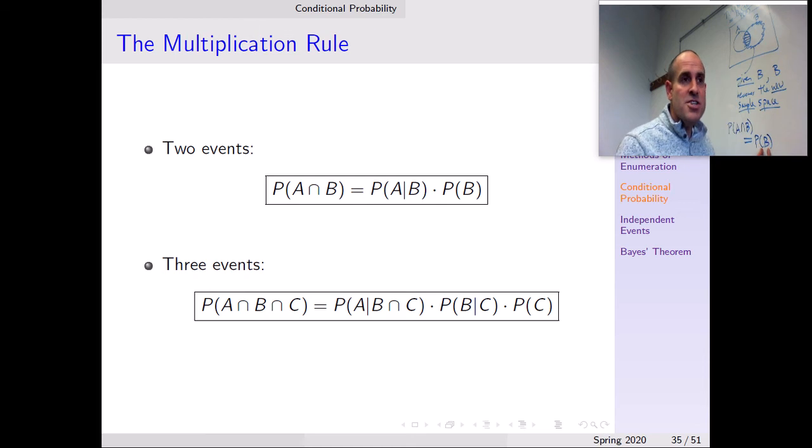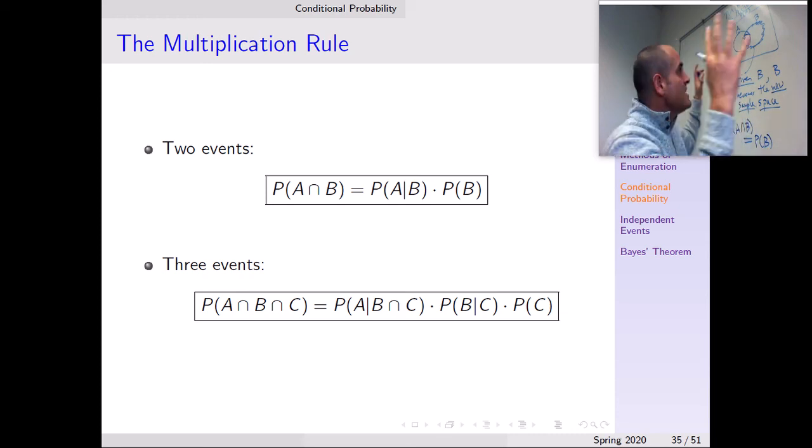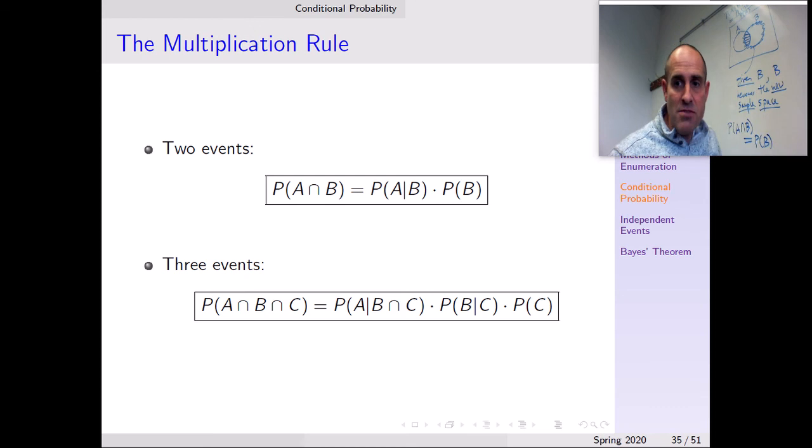And as such, we no longer think of the entire sample space as being possible. B has already happened. Therefore, we are now zoomed in to the sample space right here on B. We've zoomed in, and we want to know, what's the probability that A happens? And now we have to condition on B having already happened. So B happens, and then we need A to happen given that B has happened.